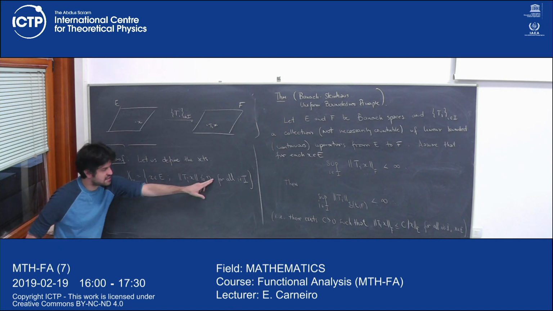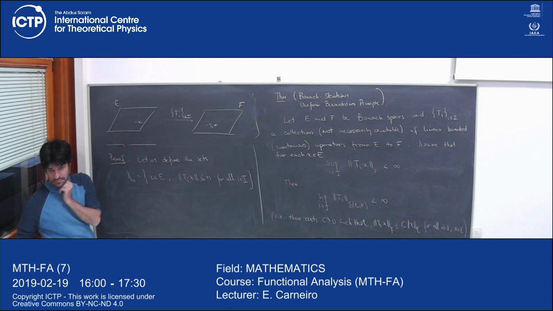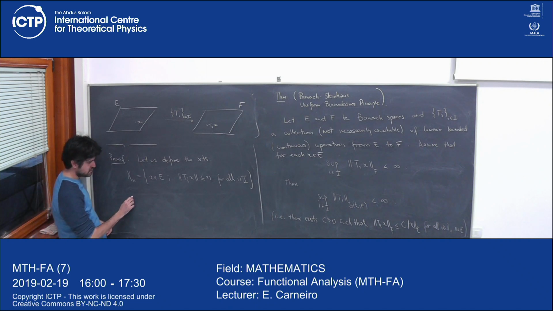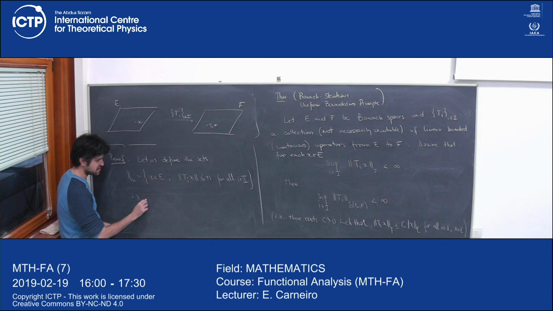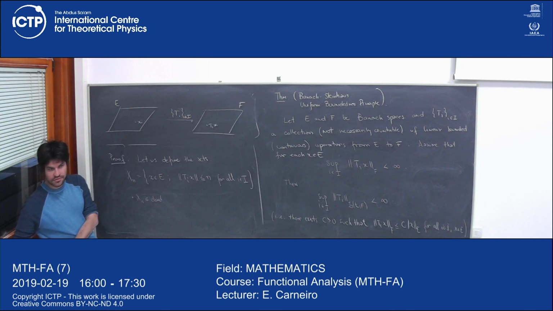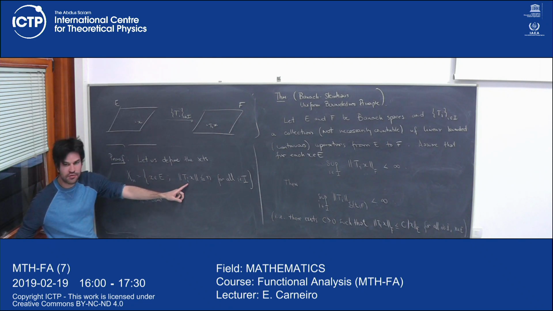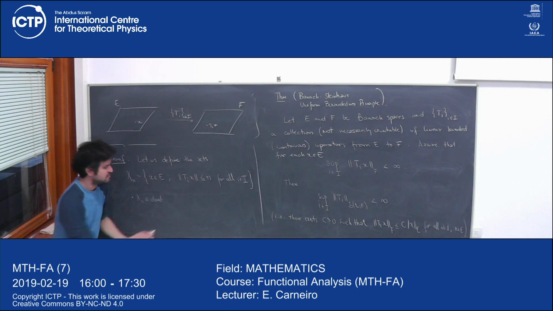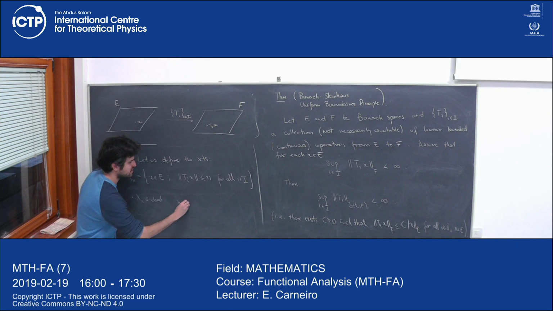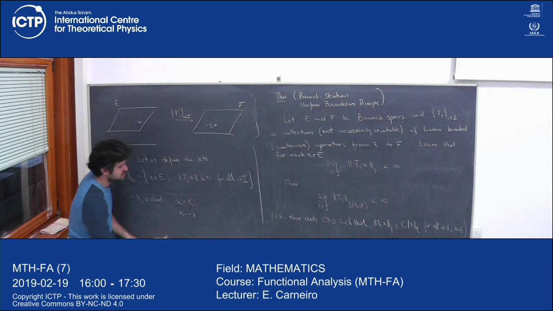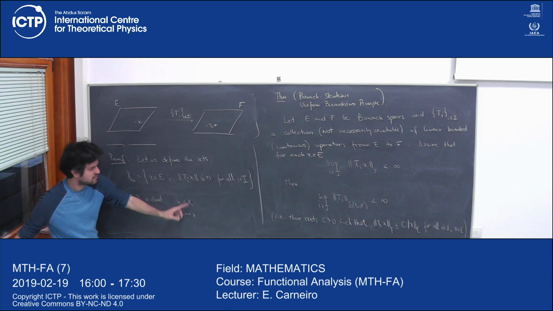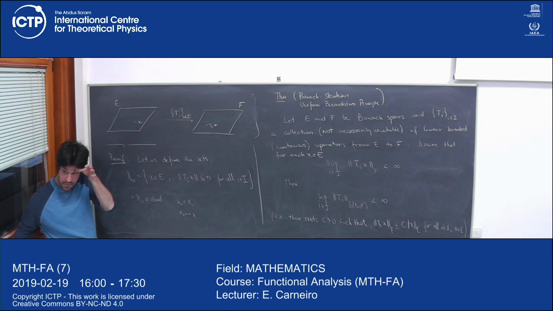So this Ti of x is always less than or equal to n. Is that clear? So from the definition, is it obvious to you guys that this set is closed? If I fix an n, the set is closed. Do you guys all agree? The set is closed because all of these operators are continuous, right? So if I take a sequence of points xn belonging to this set, xn converging to x, so all Ti of xn is less than or equal to n, Ti of x will also be less than or equal to n by continuity.